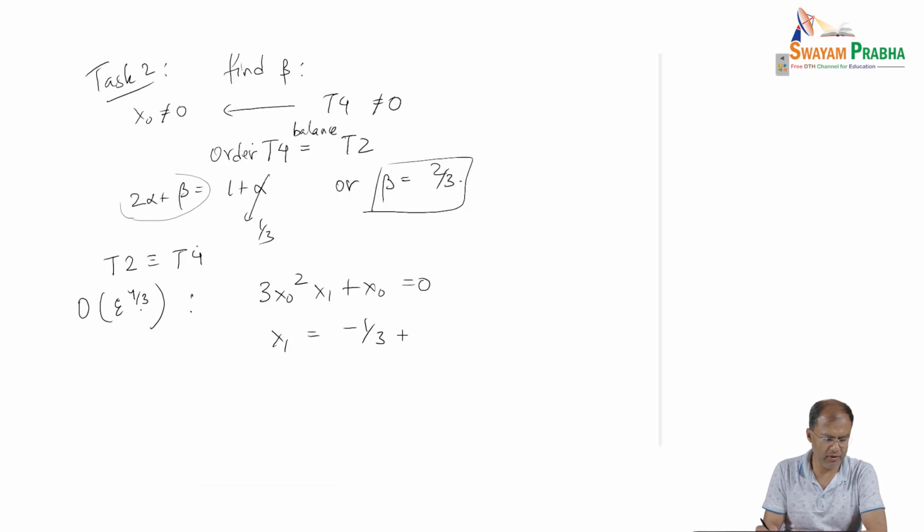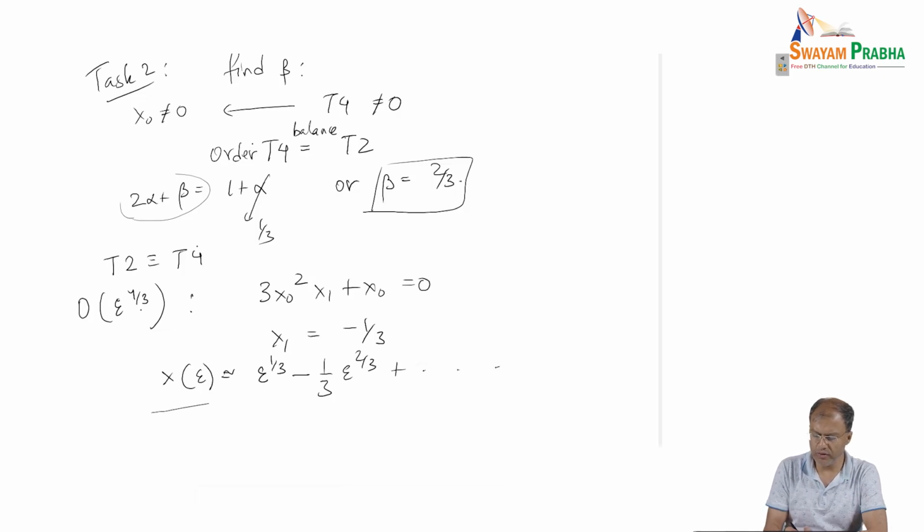And so what we have is the two-term expansion. This time x of epsilon is x naught, which is 1, times epsilon to the power 1/3, minus 1/3 times epsilon to the power 2/3, and so on and so forth.